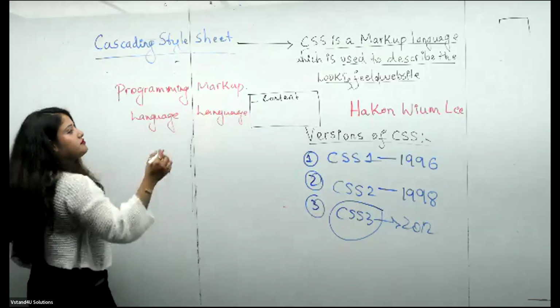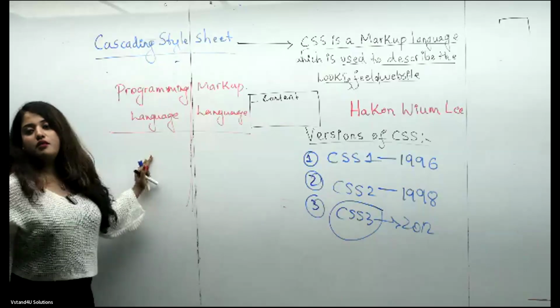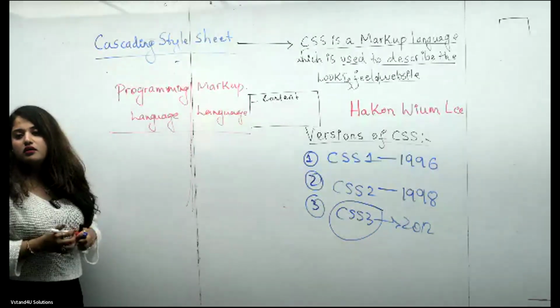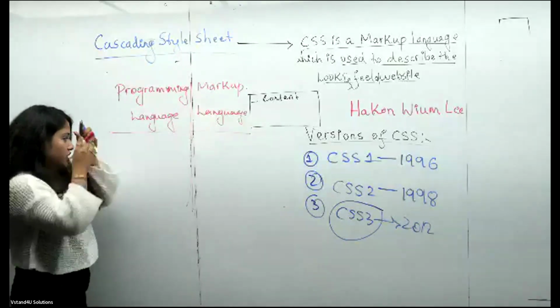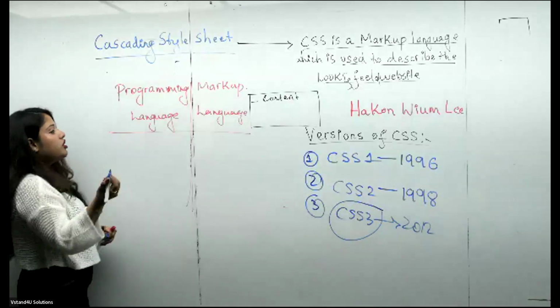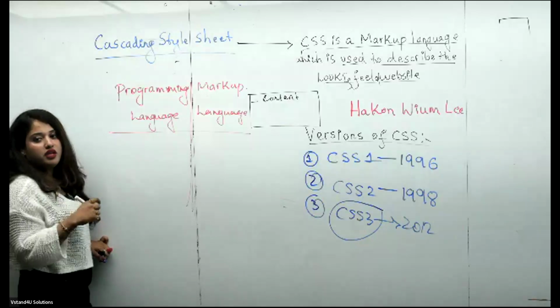The difference between markup language and programming language is nothing but, may I know your name? Sucheta. Okay. So what is a programming language? All our backend languages are called programming languages.